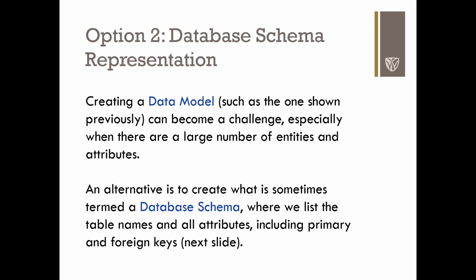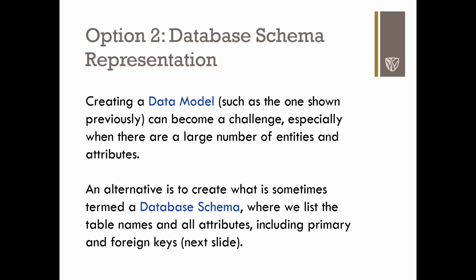The data model that we showed earlier, with a listing of all of the tables and all of the attributes within each table, can get really messy. Realistically, if you start working with reasonable data models for reasonable applications, you're going to have a lot of entities. Some of those entities are going to have a lot of attributes.